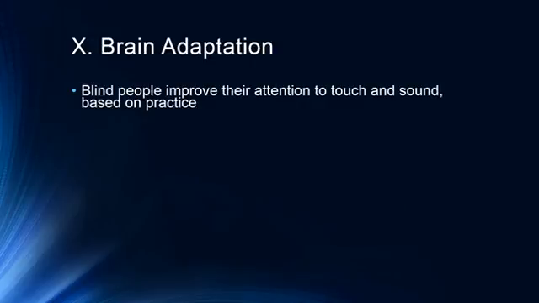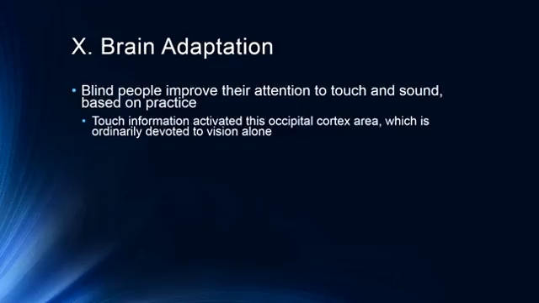So there are a number of things that we have seen in some special populations. So for example, people who are congenitally blind can improve their attention to touch and sound based on their experiences. Touch information ends up being activated in the occipital cortex area, which is usually devoted to vision alone.